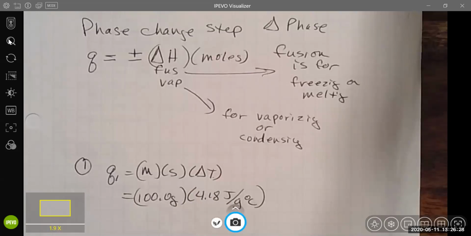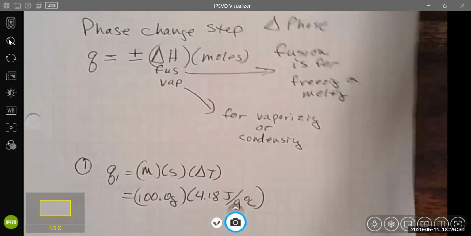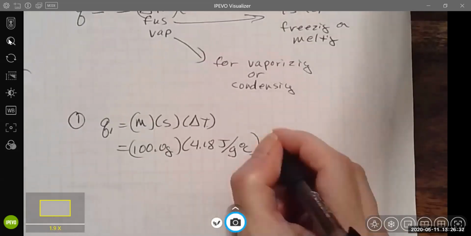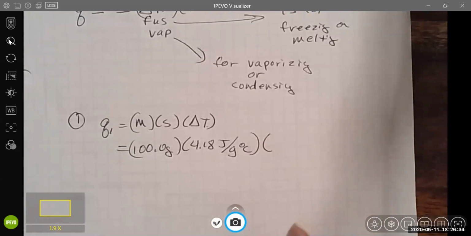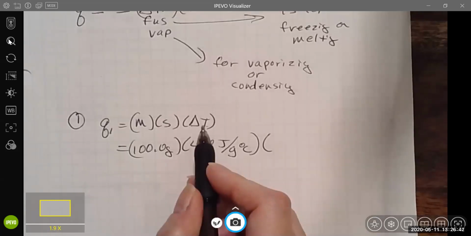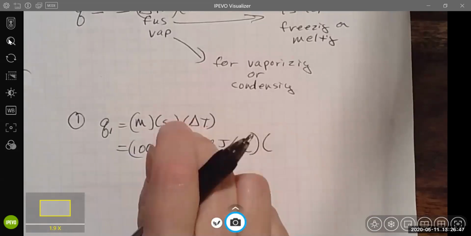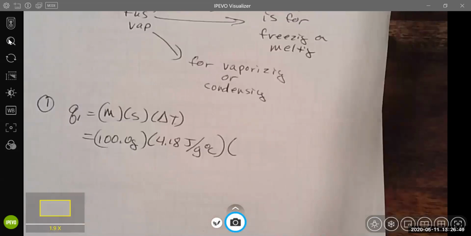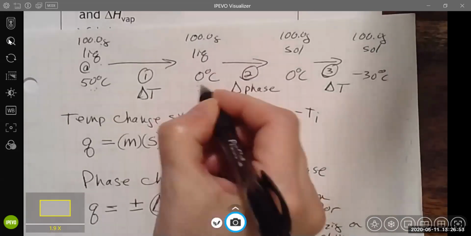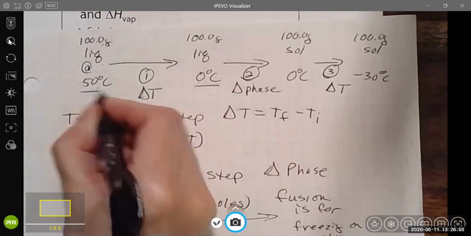Change in temperature. And we said earlier that is final minus initial. This is one of the biggest mistakes students make. It's always sad, they get the whole problem right, and they mess up this one step. This is the change in temperature for this step, the change in temperature for step 1. So for step 1, our final is 0, our initial is 50.